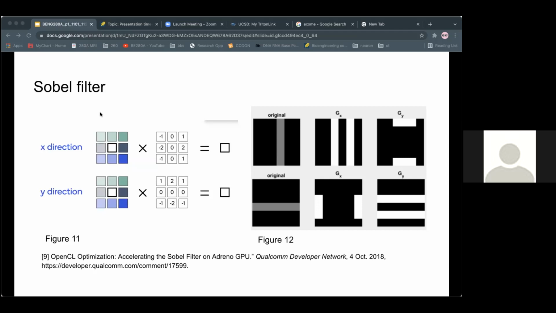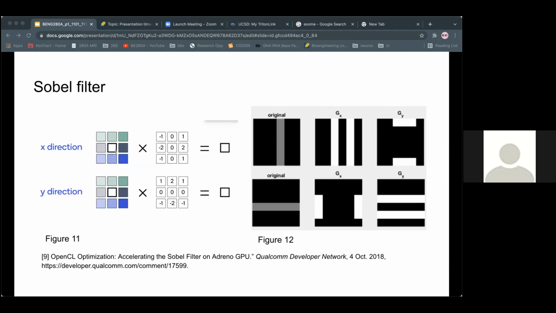The first filter we used is the Sobel filter, which is commonly used in detecting edges in CT scans. For grayscale images, an edge is where there is a strong change in brightness. This filter comprises two 3x3 kernels shown in the left picture.